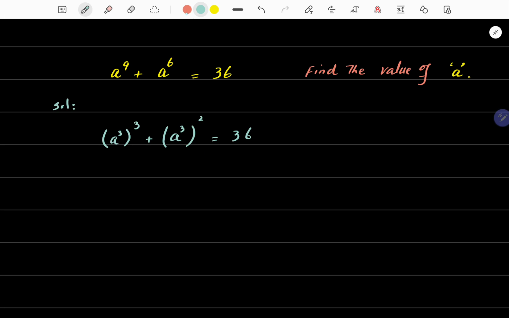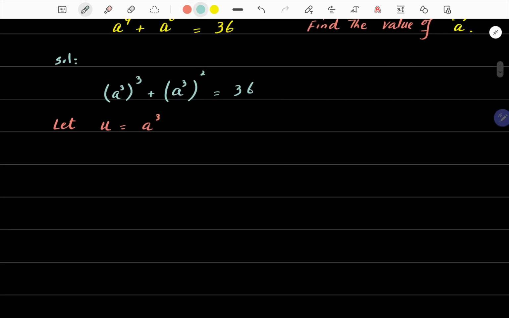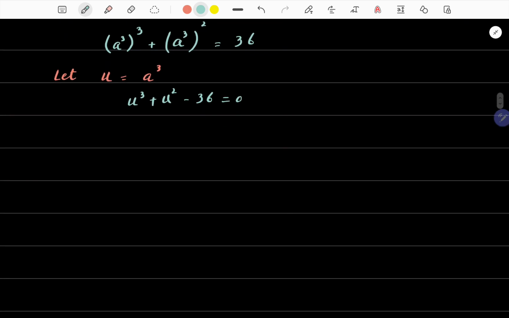And now we let u is equal to a power 3. Then we have u cube plus u square, and if we take 36 on the left, minus 36, this is equal to 0. Now we have to solve this equation.